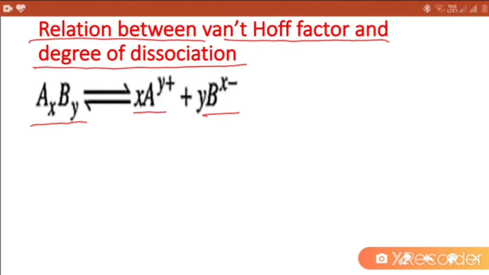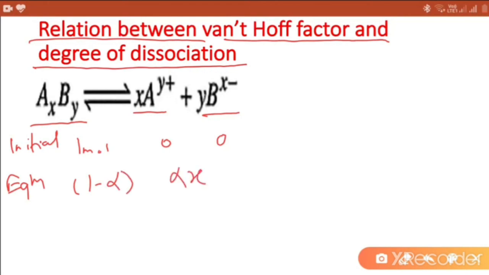The initial moles of salt are 1 mole and 0 moles of cation and anion. But at equilibrium, 1 minus alpha for salt, alpha x for cation, and alpha y for anion.